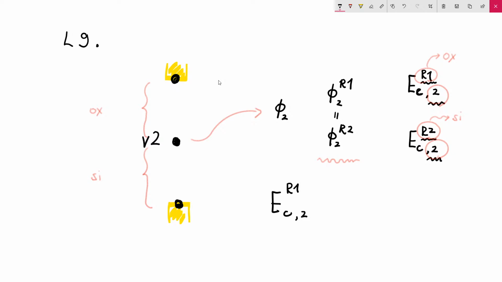The oxide EC is 3.1 electron volt higher than the silicon conduction band minimum.